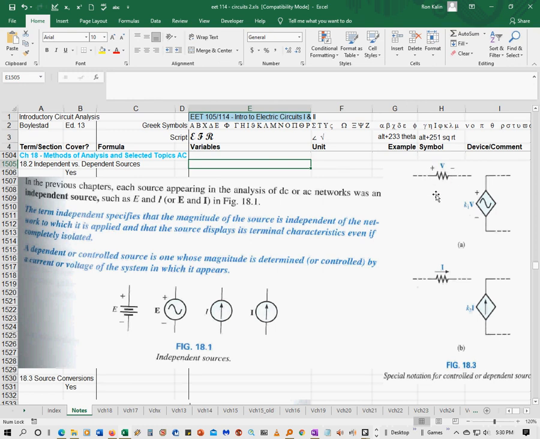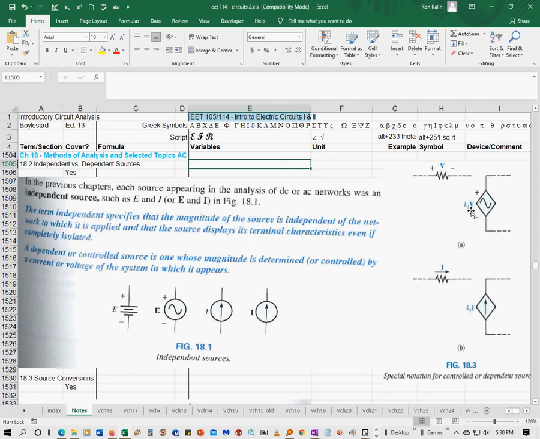It doesn't necessarily have to be a resistor, it could be any element. This is just an example, and there's a multiplier K1 times that voltage. So whatever this voltage is, let's just say it's 100 volts, and let's say K is 10. So it's 10 times 100, which would be 1,000 volts across this dependent AC voltage source.